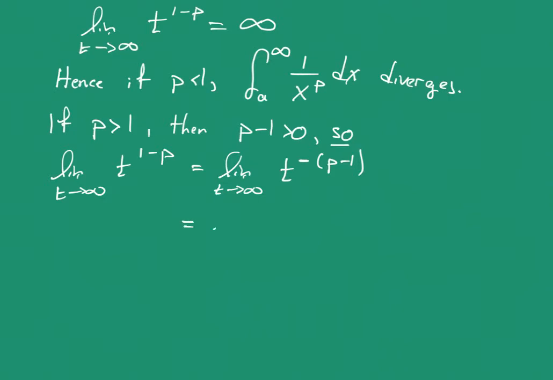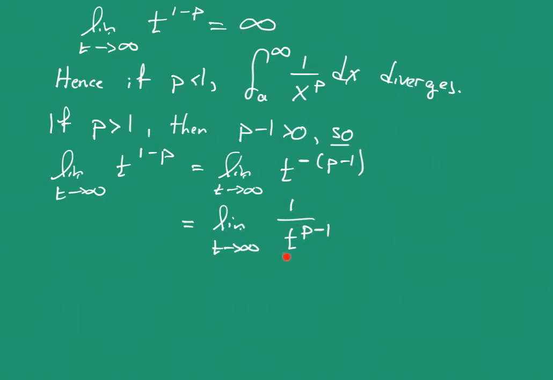And now this is equal to the limit as t tends to infinity. Let's write this as a positive exponent in the denominator. Well, what do we have? Well, as we said, in this case, p minus 1, our exponent here, is positive.